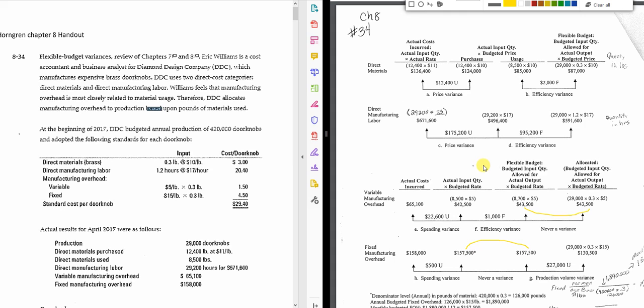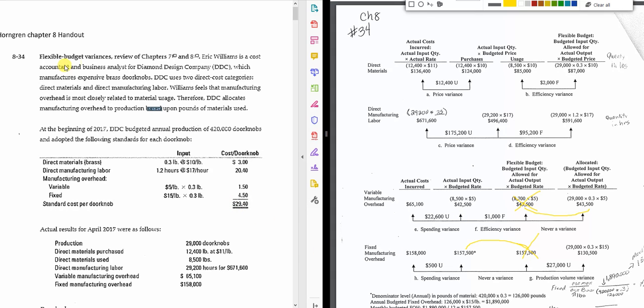So I call this the flexible budget, even though technically it's a little bit of a twist on the flexible budget. But notice those two are the same and these two are the same. I just ditch this one, and I just ditch this one, and then I call this one the flexible budget, which again is a loose interpretation of what the flexible budget is.